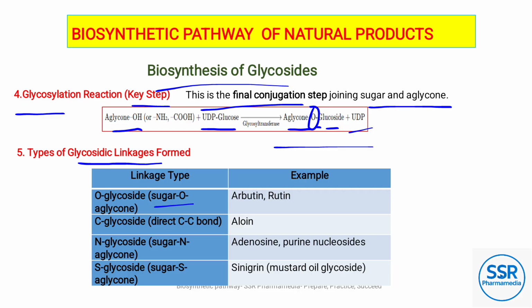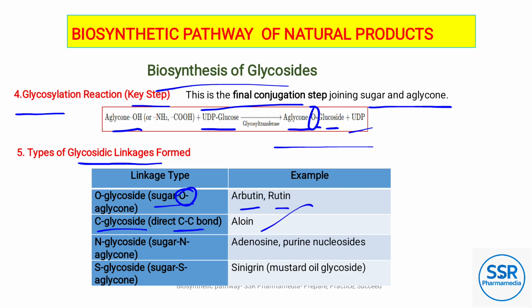O-glycoside means the sugar is connected through oxygen to the aglycone part. C-glycosides means a direct carbon-carbon bond is formed.